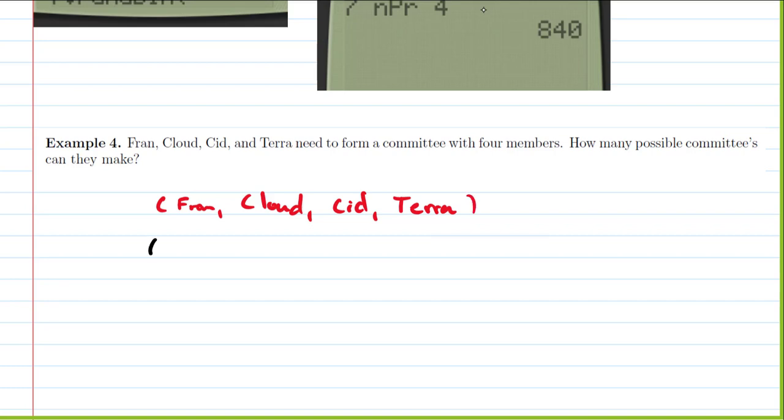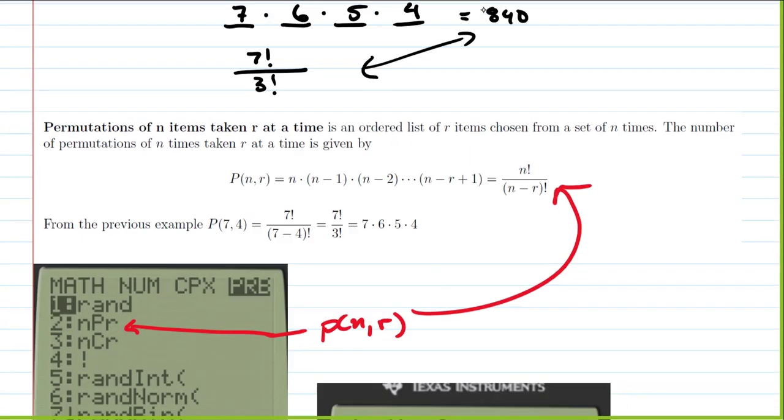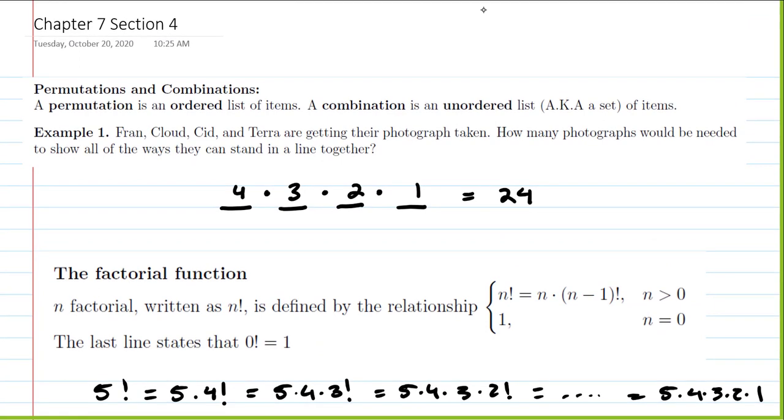Well, why is there only one committee? What if I changed the order? What if I did Tara, Fran, Cloud, and Sid? Is that a different committee than the first one? Same people. So in this case, does the order matter? No. So here, when forming a committee, we have an unordered set. Even though there were 24 ways we could have arranged them into a line, there's only one committee because it's the same 4 people the whole time.